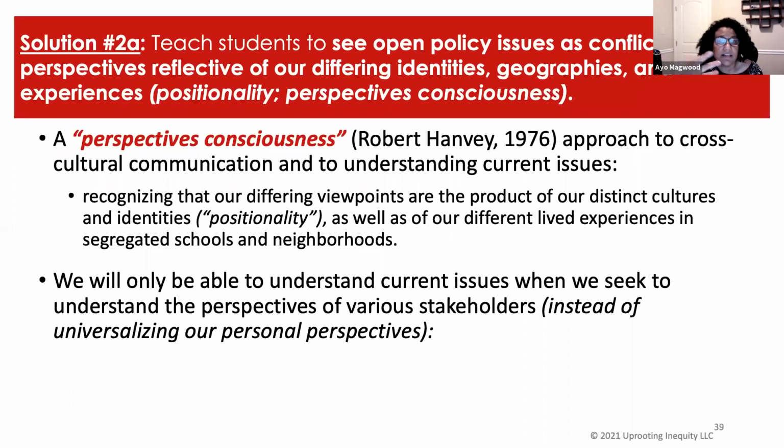Police are good. All the police that I see are good and helpful, and they don't engage in brutality. But of course, you're universalizing your personal experiences. The police may act very differently in another neighborhood, in a low income neighborhood or in a Black neighborhood.